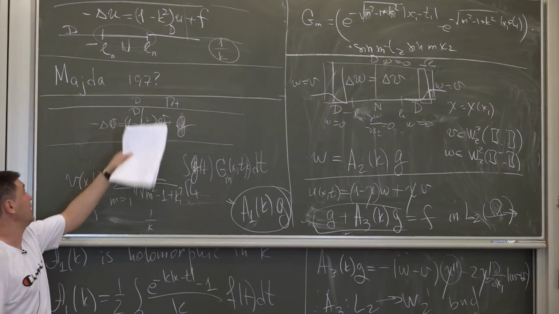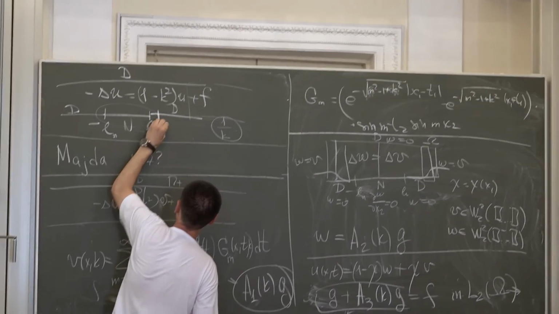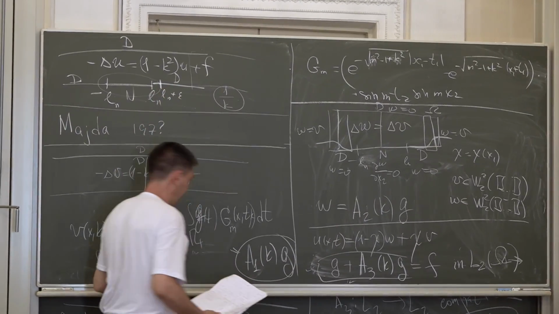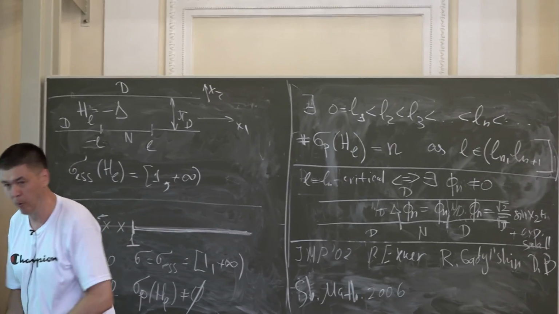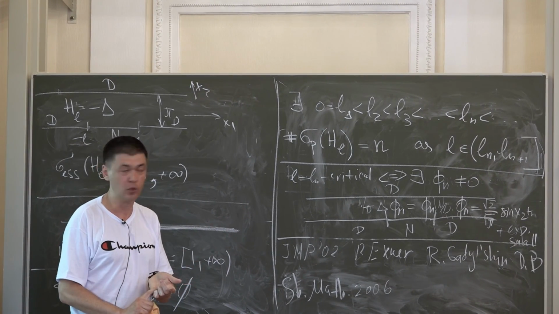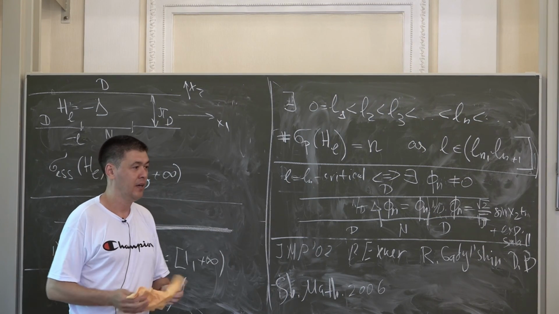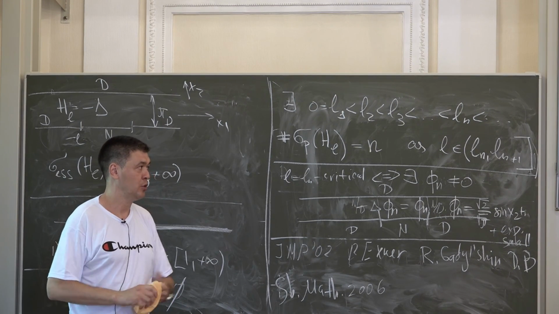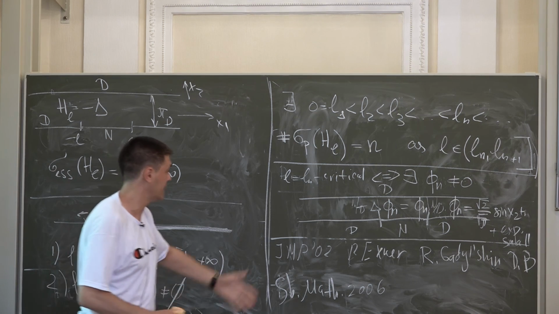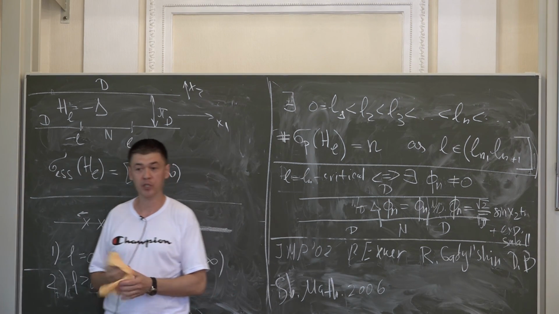And then we have a perturbation, which is just a little shifting of this ln plus epsilon. And then we do the same thing as we did for the 1D operator, since we have a pole of a free resolvent, and we have a perturbation. Then the rest is just the machinery, which also gives the results. And it says that I have just one eigenvalue, and there is an asymptotic for this eigenvalue.